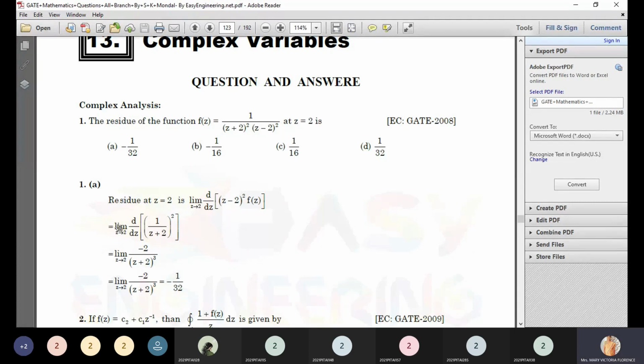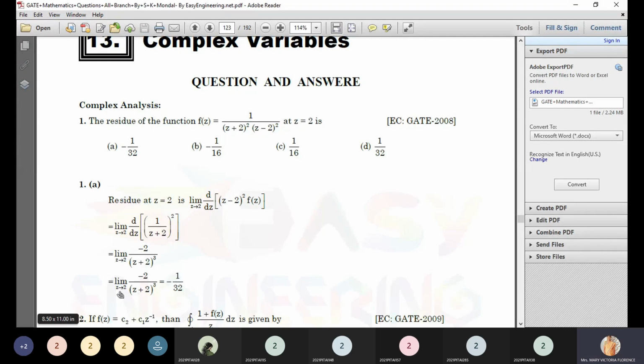Now limit z tends to 2, d/dz of 1/(z+2)². Use the formula d/dz of x^n = n x^(n−1). So we get −2/(z+2)³.